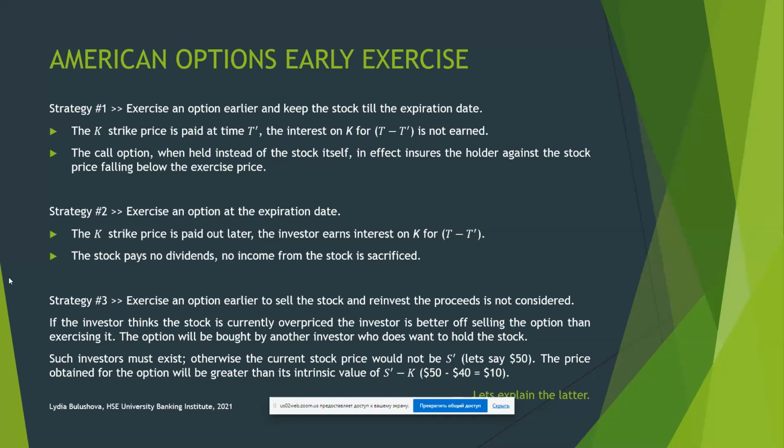And we derive that exercising an option is not a better strategy than keeping it. So we can keep an option till the expiry date, or we can sell an option. And the worst strategy, the least profitable one, is exercising.